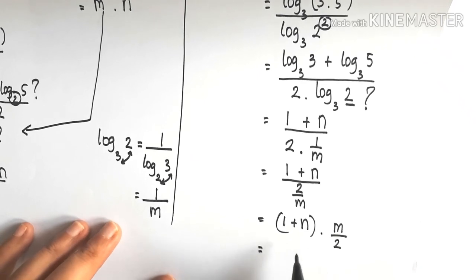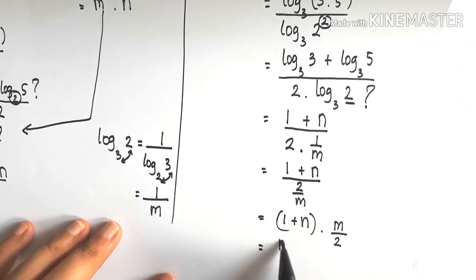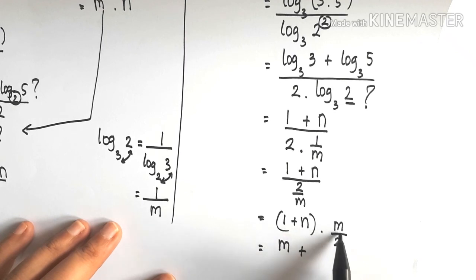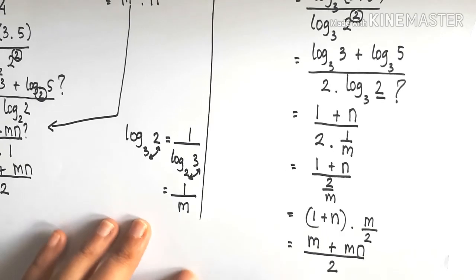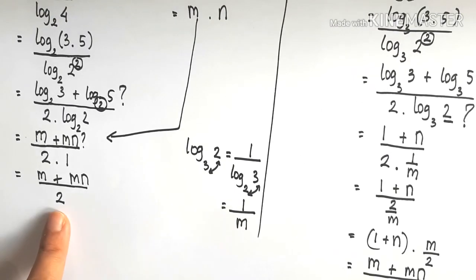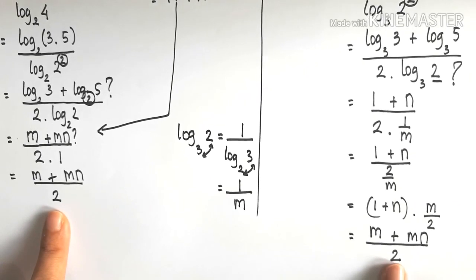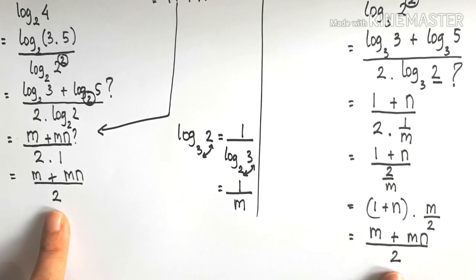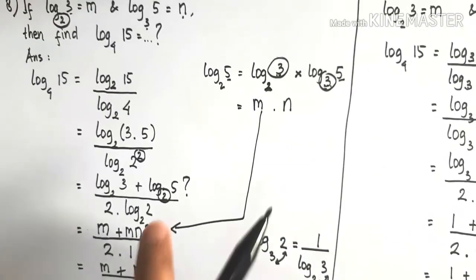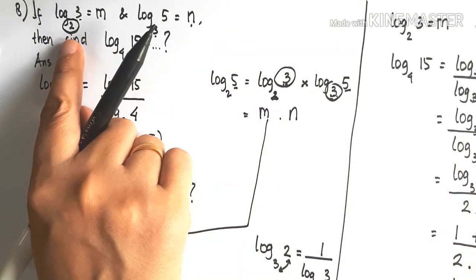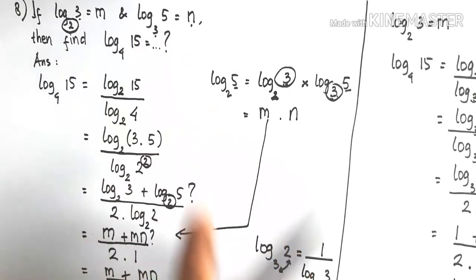Then you can multiply it: 1 times m, n times m, so (m plus mn) over 2. The answer is the same as the first. So no problem if you choose a different base. You can choose base 2 or base 3.